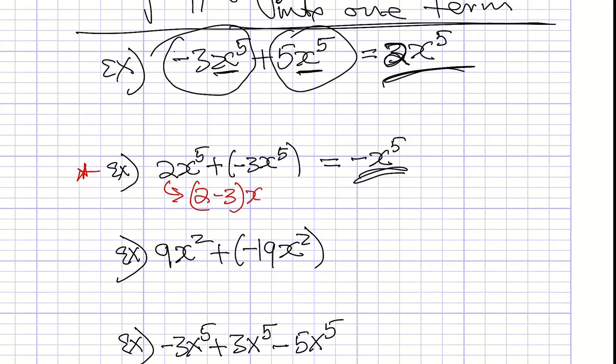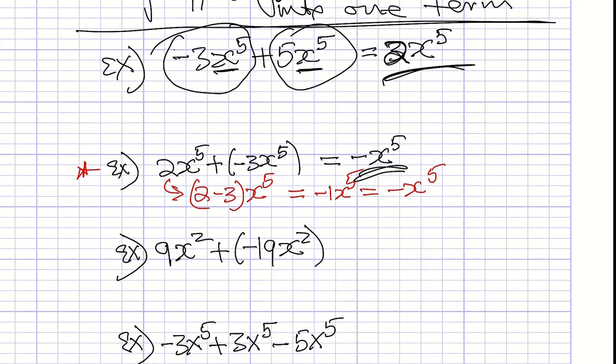All the x raised to the power 5. Yeah, you can write it like that. So it becomes minus 1 x raised to the power 5, the same thing as minus x^5. We usually don't put the 1 in front. So, if that helps you, that's how I found it. So let's move on to the next one.